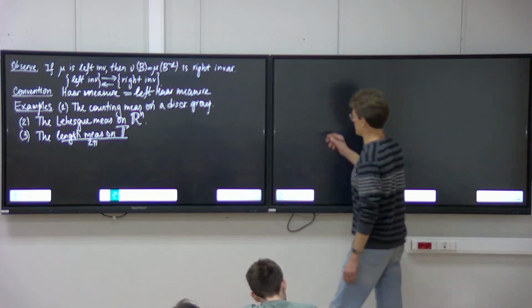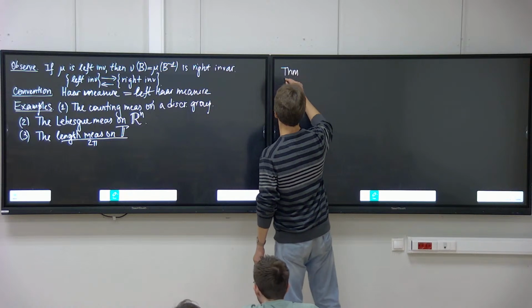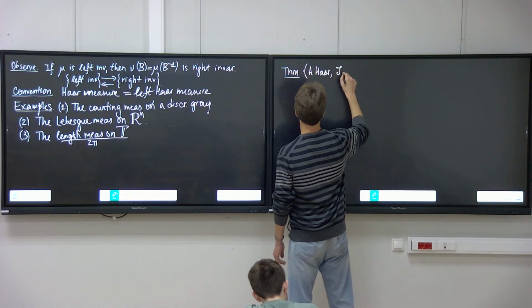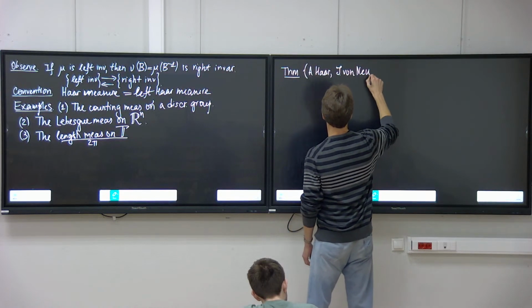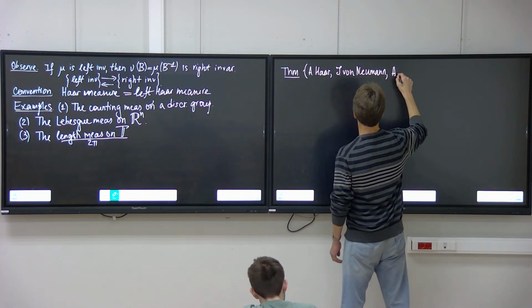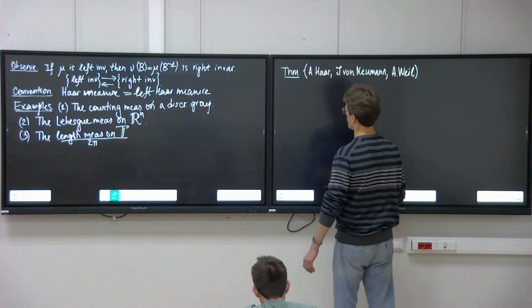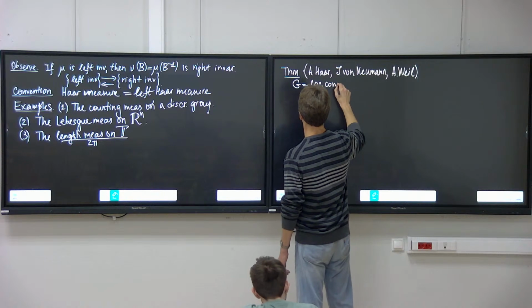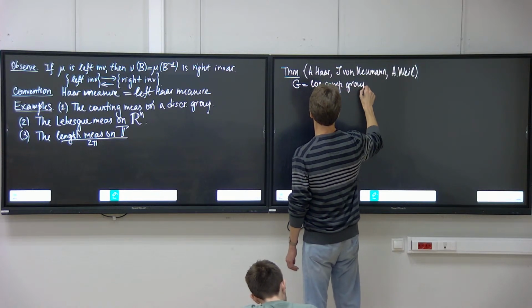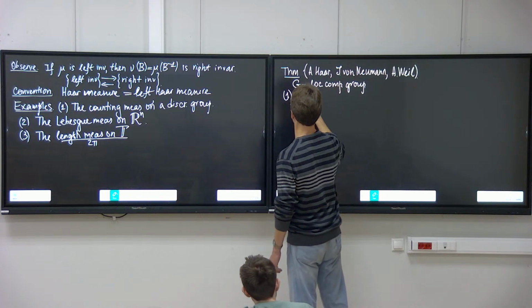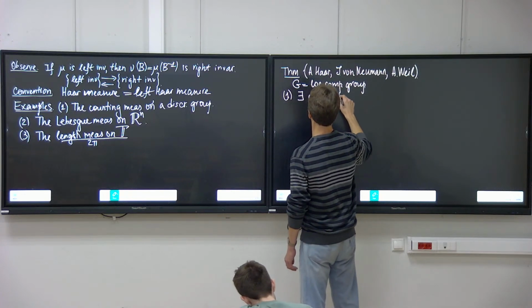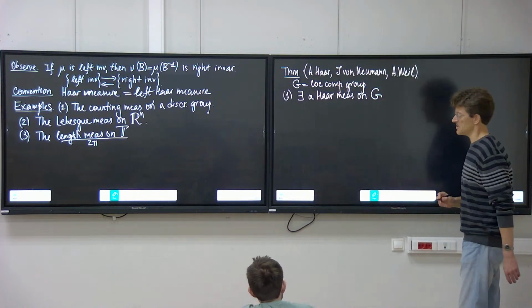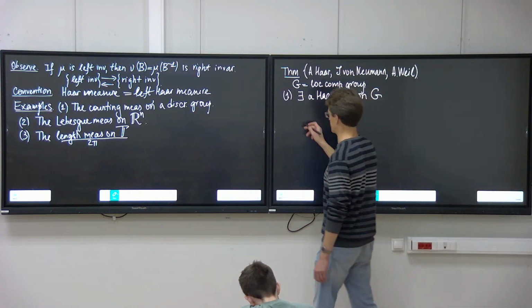We have the following fundamental theorem due to Alfred Haar, John von Neumann, and André Weil, which states that if G is a locally compact group, then there exists a Haar measure on G. And moreover, such a measure is unique up to a multiplicative constant.